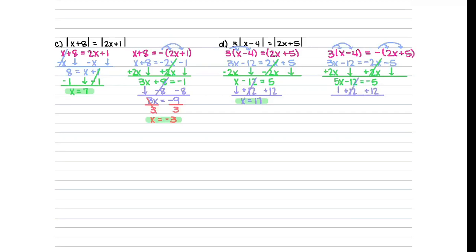My 5x drops down. My 12's cancel. I'm going to have 5x is equal to 7. From here, we just divide each side by the 5 and get that x is 7/5 as well.